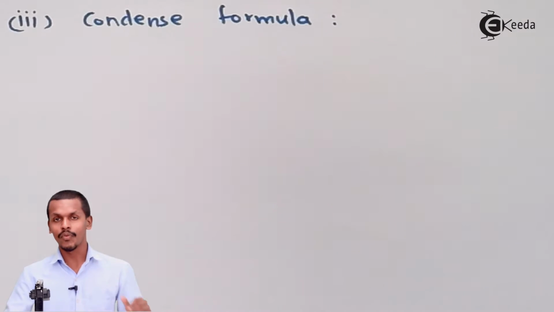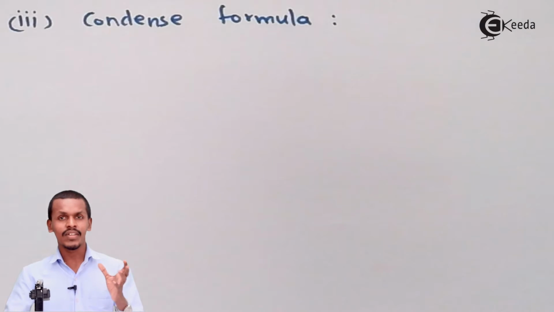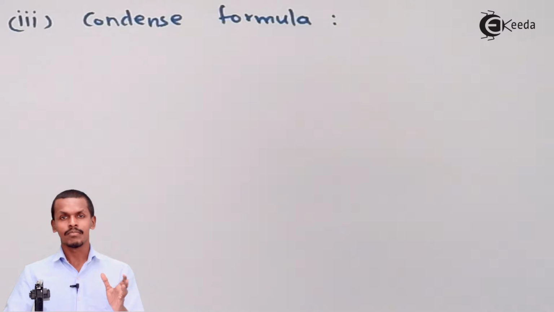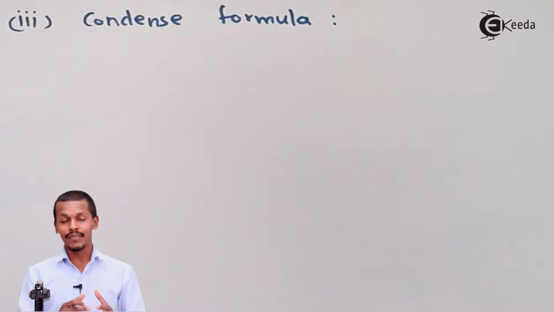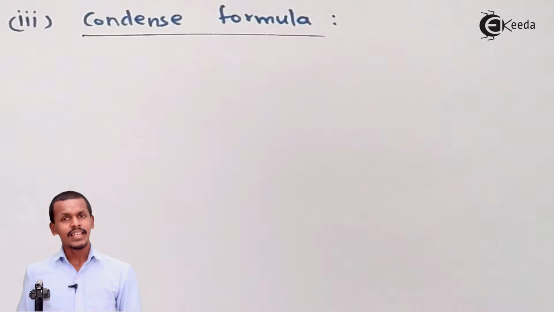But in condensed formula we don't represent it with a bond. Not only the bond, but also, if the groups are similar and repeating, we make it condensed and write it with a particular subscript, and we will take it as a common thing. So let me give you an example, the same hexane.